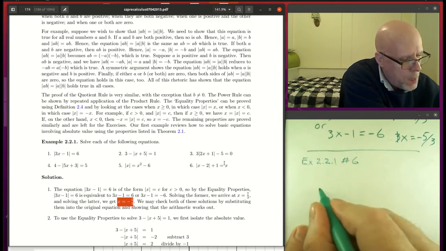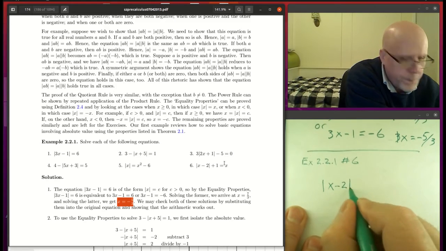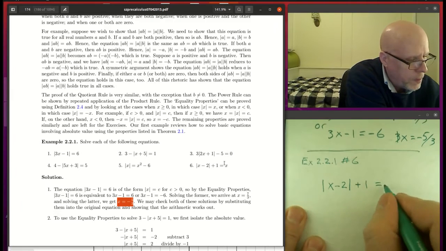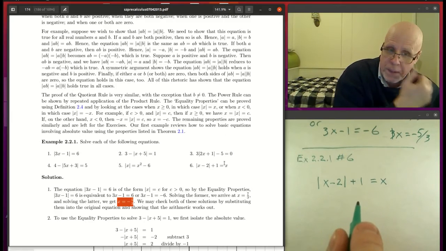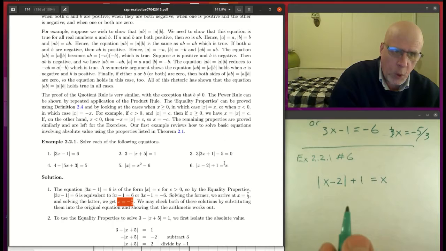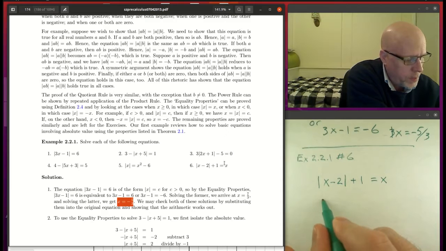Now, absolute value of x minus 2 plus 1 equals x. Well, my advice, whenever you have absolute values involved, is get them alone. Get the thing involving absolute values by itself, and then you can use this rule about absolute value. So in this case, it's just subtract 1 from both sides.